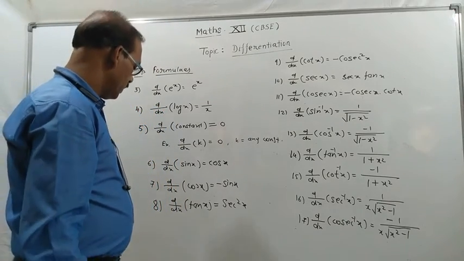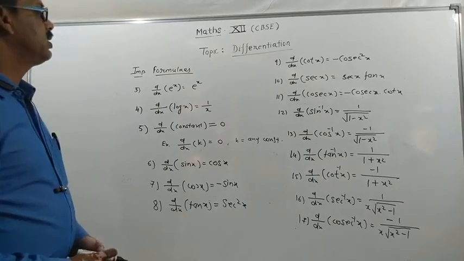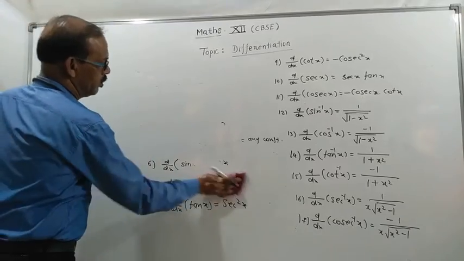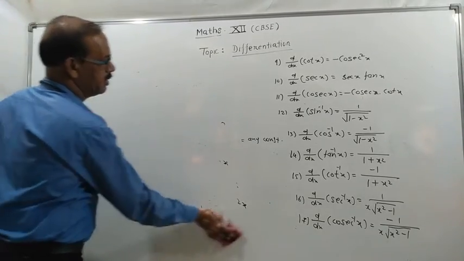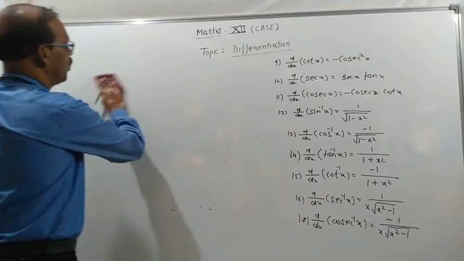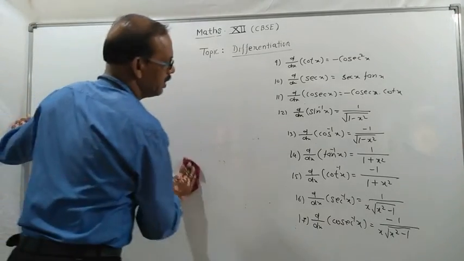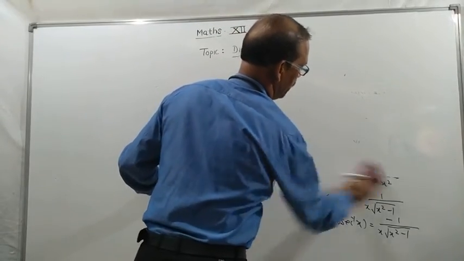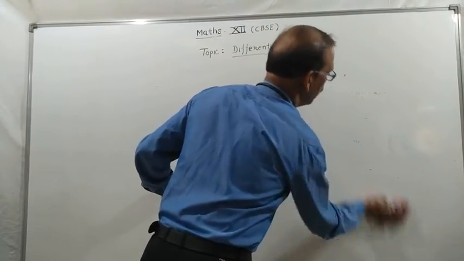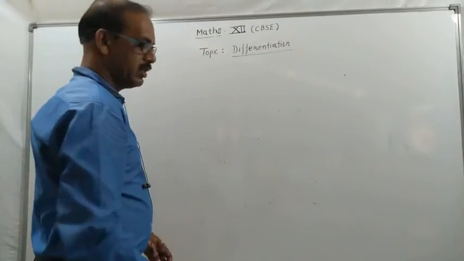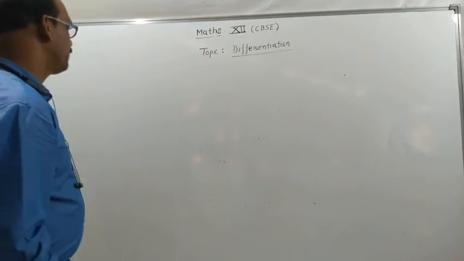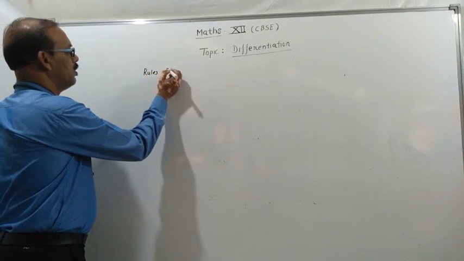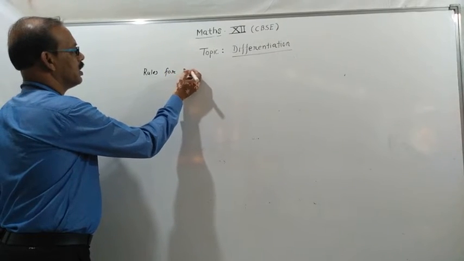Now, some more rules regarding differentiation. So we are going to discuss some rules, one called the product rule, and the second one called the quotient rule. This is just like a revision. Later on, we will go through exercises and some solved sums. Now, rules for differentiation.